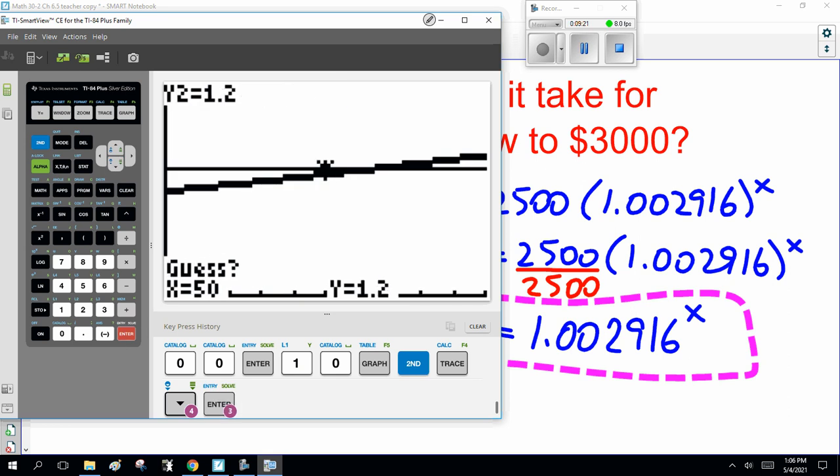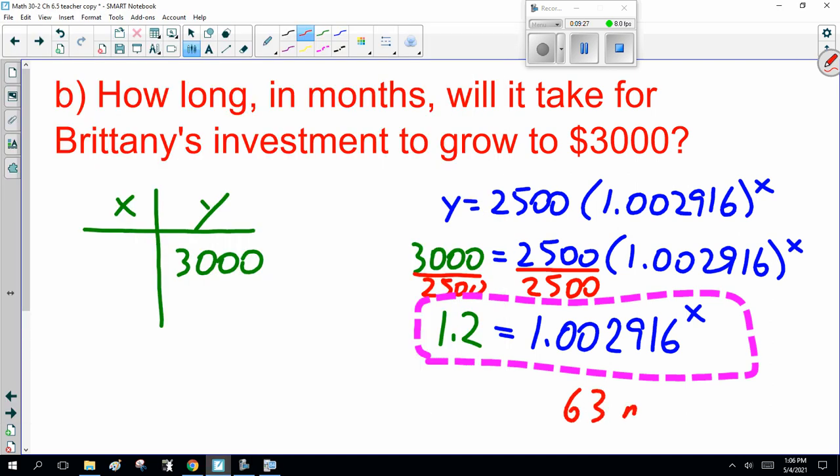Second, yes. 62.6 months. Well, it's just over 5 years, I think. We'll divide that by 12. Tell me how many months it is. Right? Yeah. Okay. 2 more word questions.